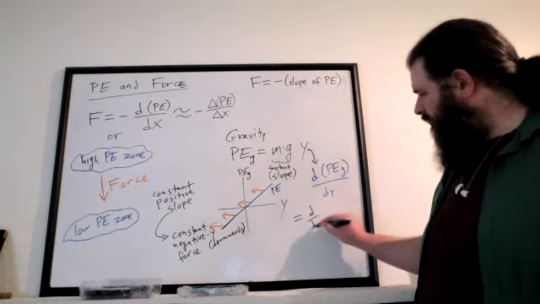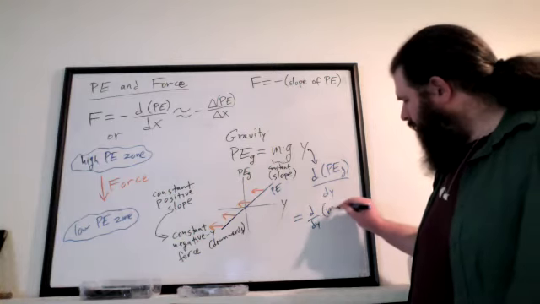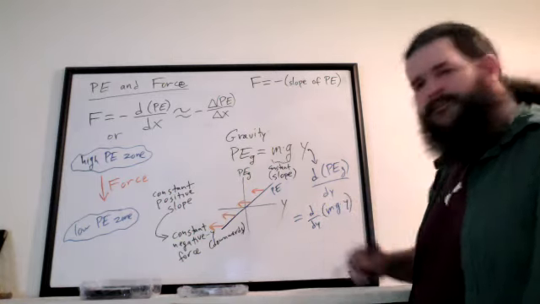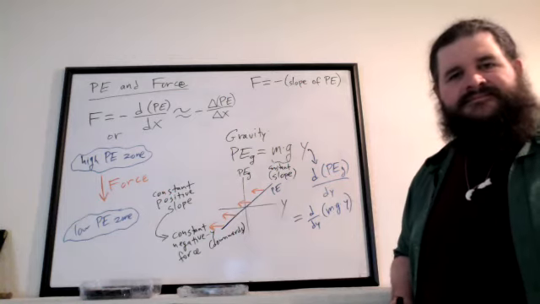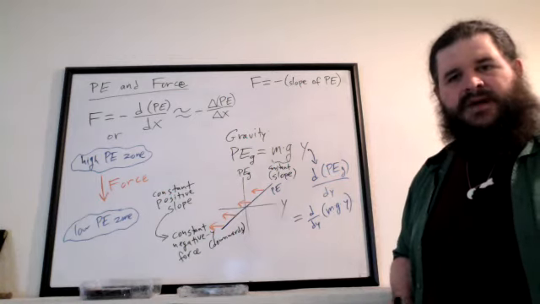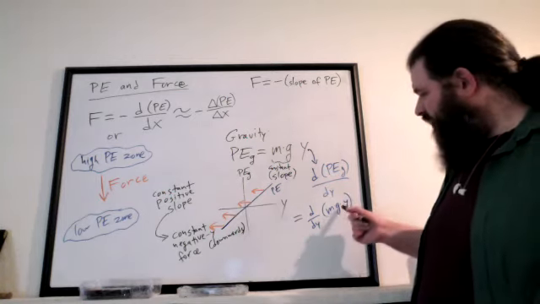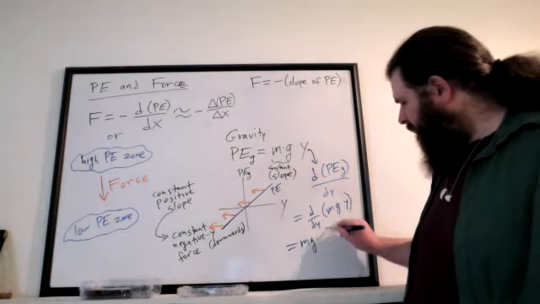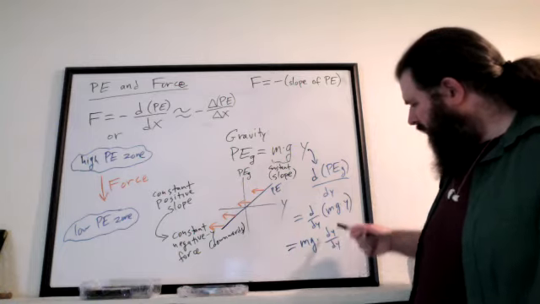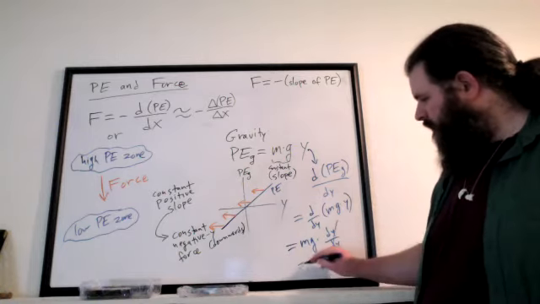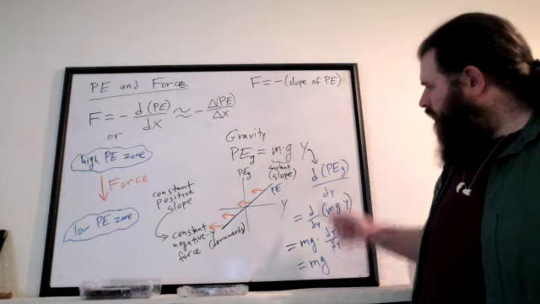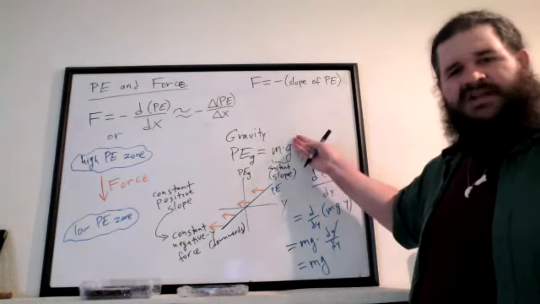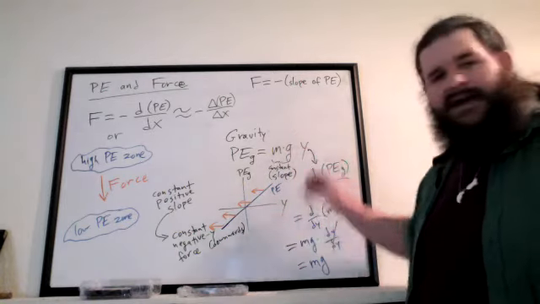So derivative of mgy. Yeah, should just be mg. mg is a constant, so you can pull that out. We're left with mg times dy over dy, and dy over dy is just 1. So the derivative of potential energy is just mg, in other words, the slope of the line.